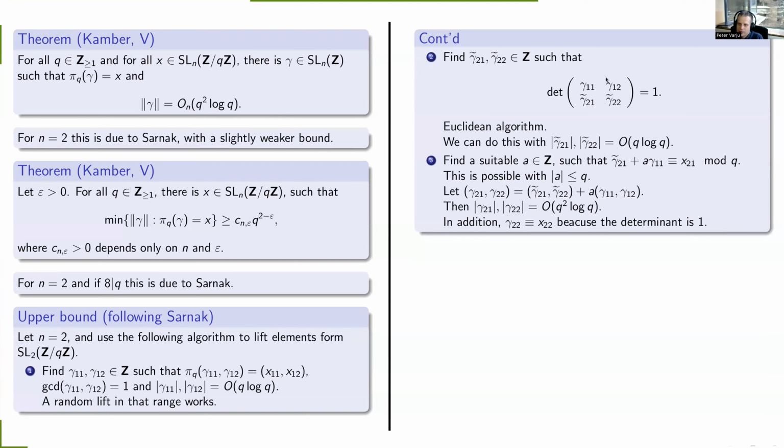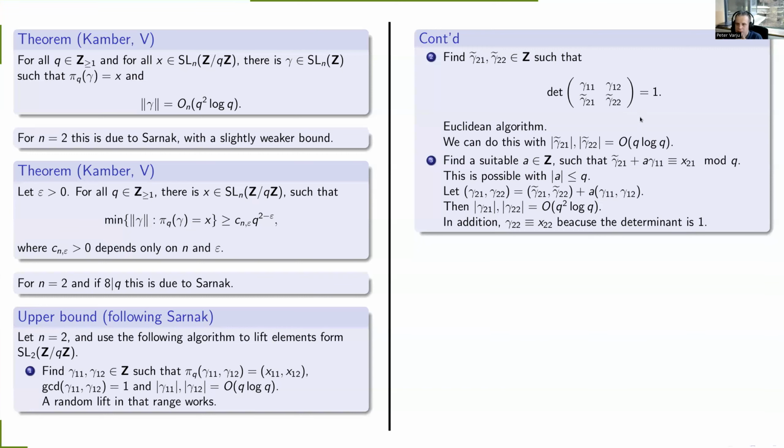And now I have 3 entries, the first row and the lower left corner, which have the correct residues modulo q. But the determinant is also correct, and this means that the last entry also has to have the correct residue modulo q. Okay, so this solves the problem.